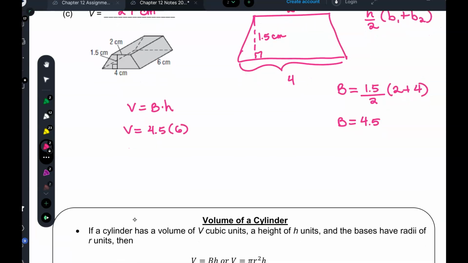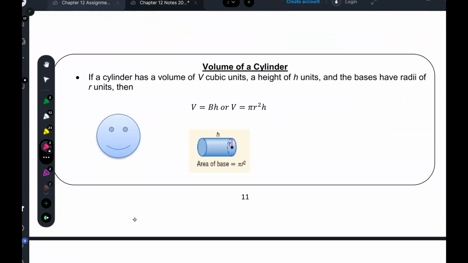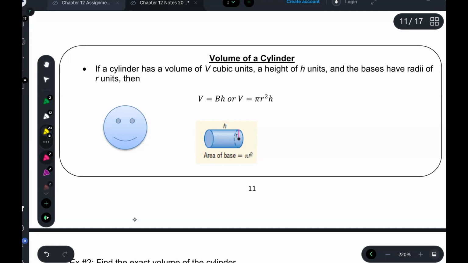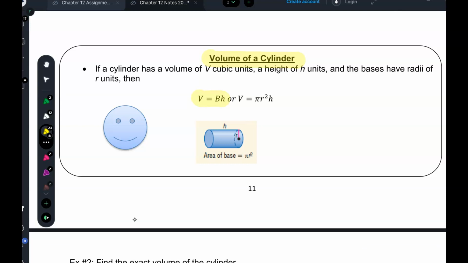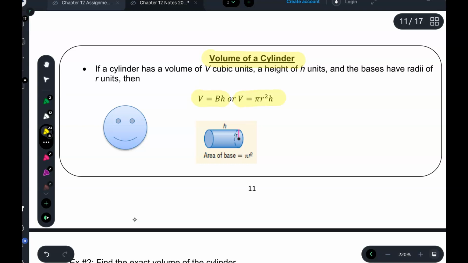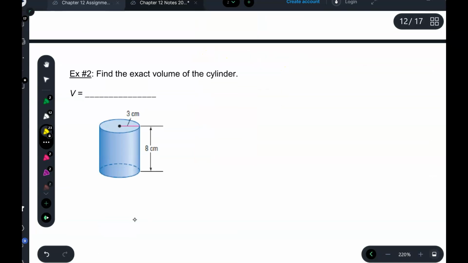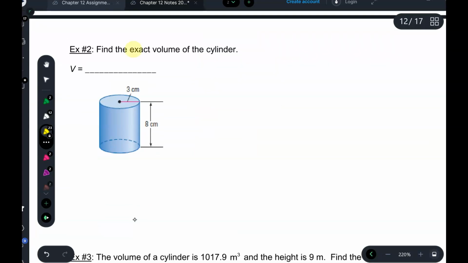It's the same stuff. What's going to be the volume of the cylinder? Same thing, area of the base times the height. But what's the base when we have a cylinder? It's pi r squared. That's it. And this time we want to find exact, which means what? Pi. We're going to have the pi in the answer.